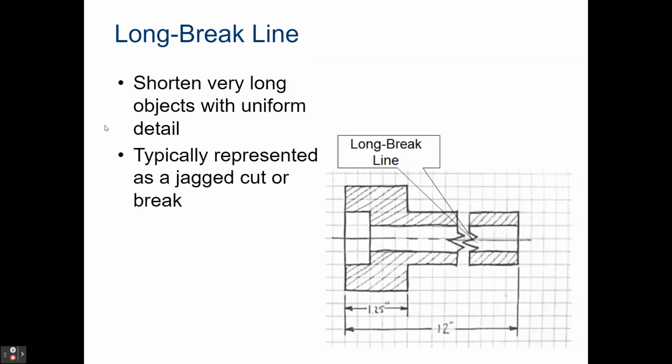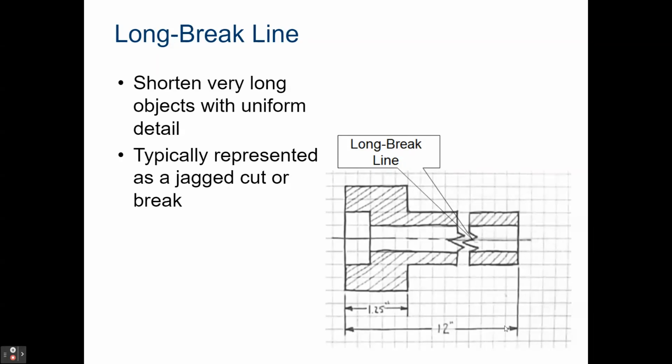They also have a long break line. Long break lines can be used when you have very uniform objects and you don't want to take up an entire page just to fit them. For example, here you'll notice this part is dimensioned at the bottom, these 5 cubes are 1.25 inches, so each one of these would be 0.25 in length.